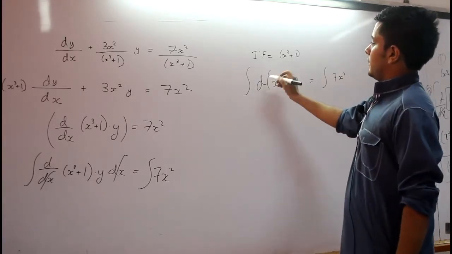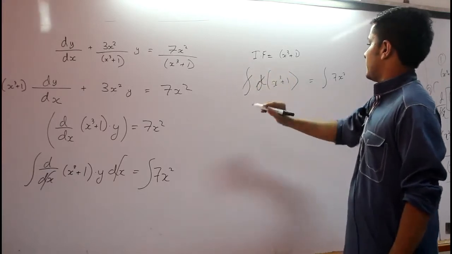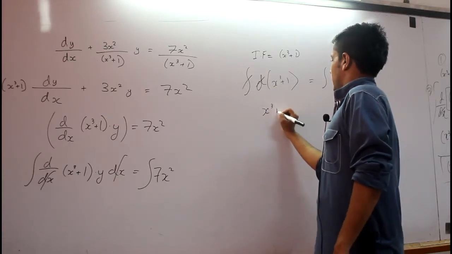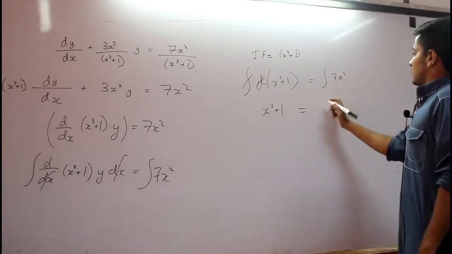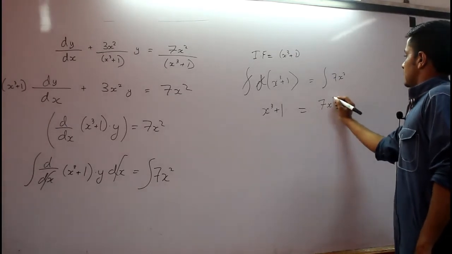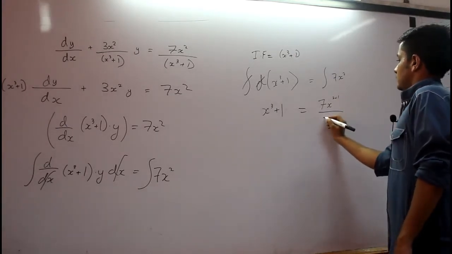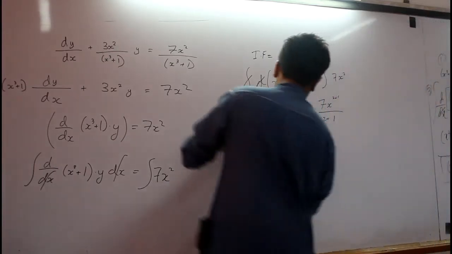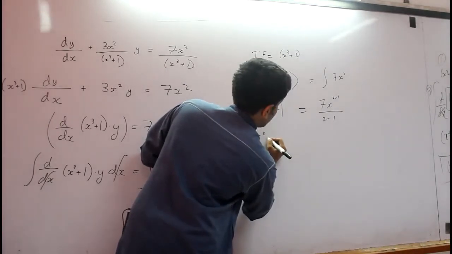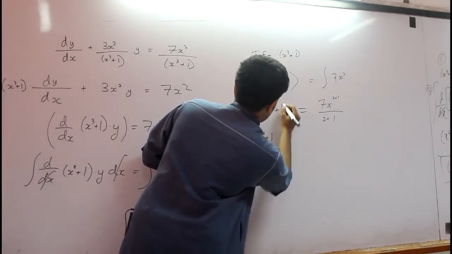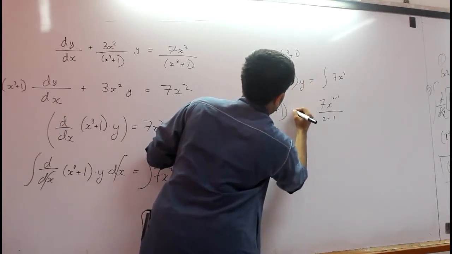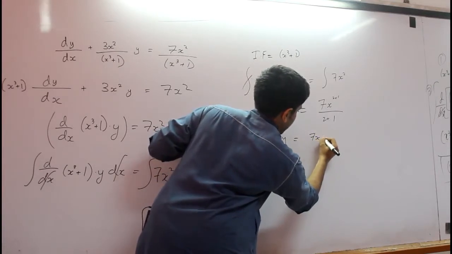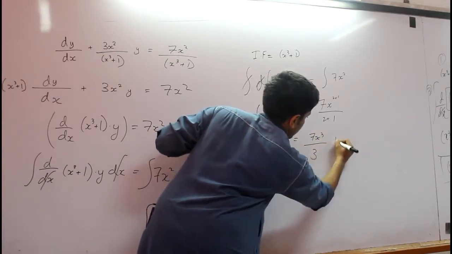The d cancels out with this integral sign, and the integral of this is x cube plus 1 dot y equals 7x to the power 2 plus 1 upon 2 plus 1, which is 7x cube over 3 plus c.